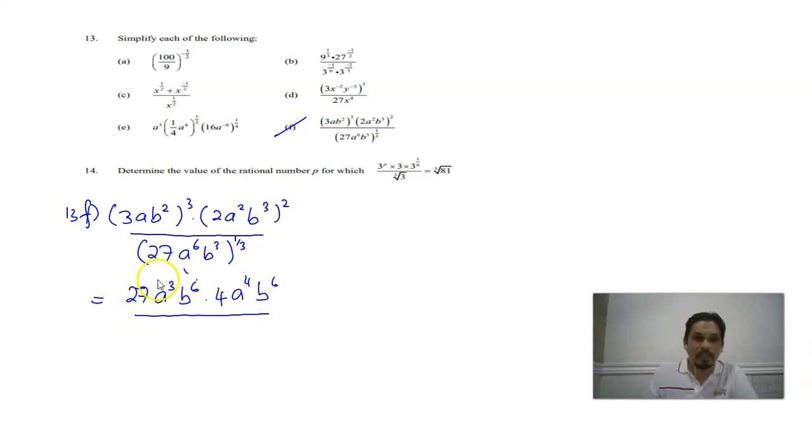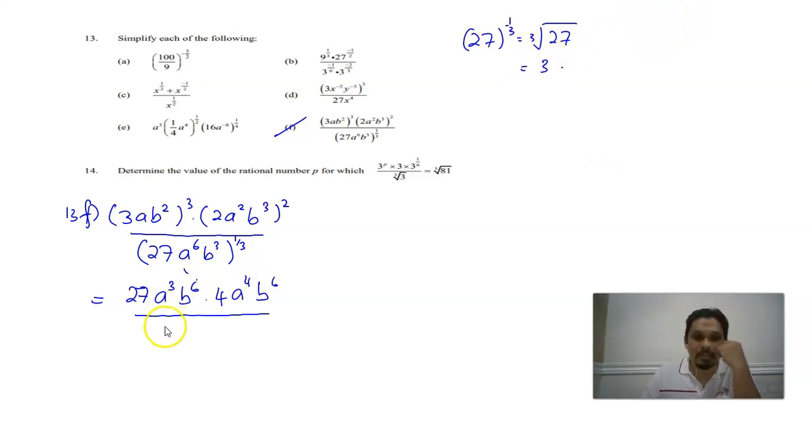Divide by 27, okay, 27 to the power of 1 over 3, which is the cube root of 27, equal to 3.